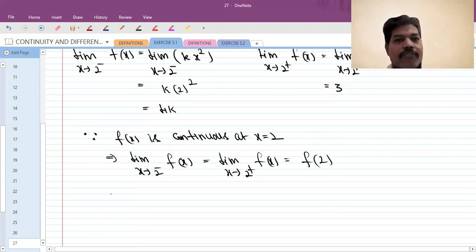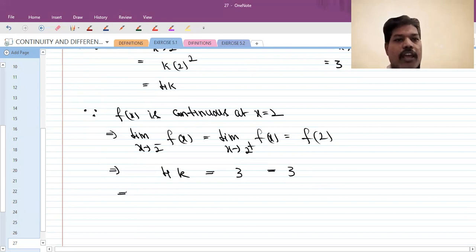What is the left hand limit? The left hand limit is nothing but 4k. This is equal to the right hand limit, which is 3. And this is equal to f of 2, which is also 3. So from these, 4k is equal to 3.